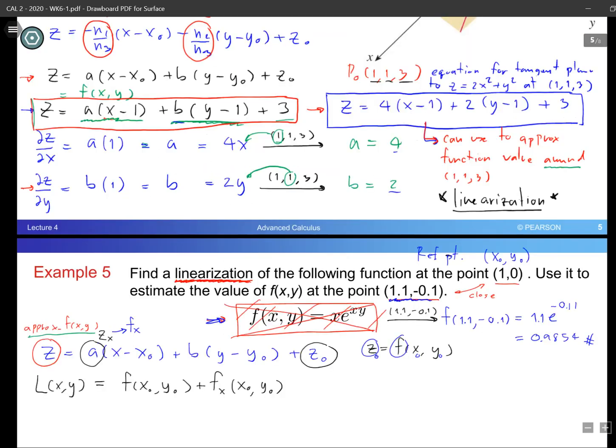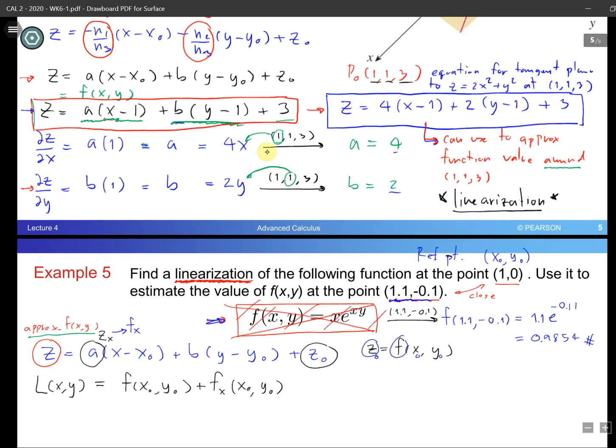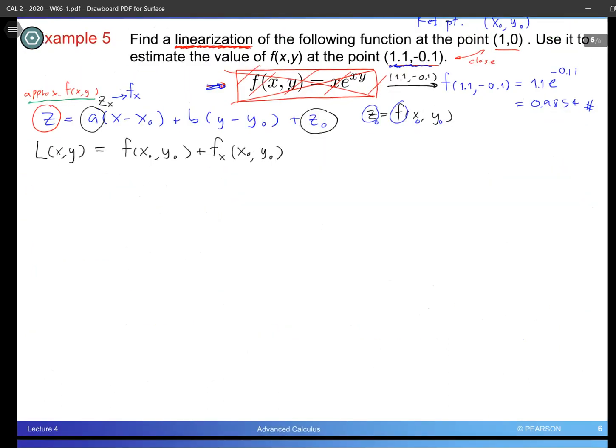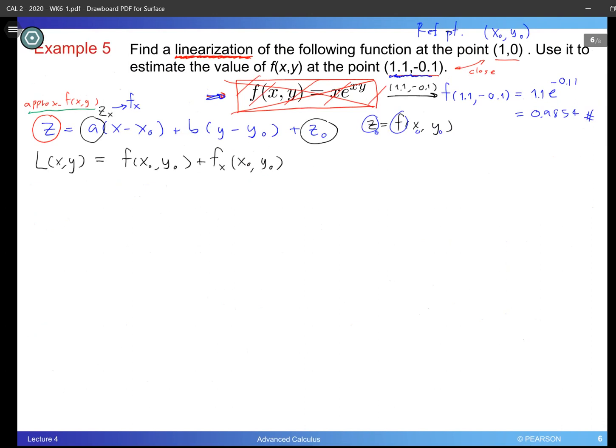So this is going to be evaluated at x0 and y0. Alright, let's move to here. We did that right here. We evaluate this dz by dx at the reference point, and we are going to do the same here. Now let's keep the back term right here the same, x minus x0. Okay, plus, and we have b right here. And in the previous example, we have this b equal to the partial diff of z with respect to y.